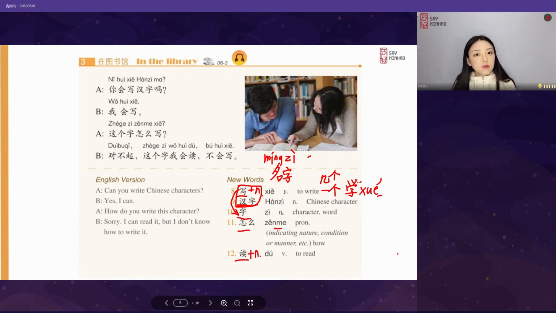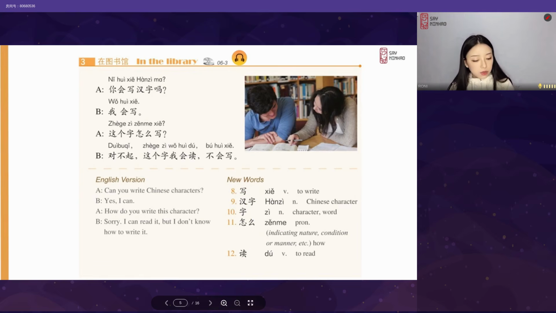Read book is 读书. 书 is a noun we've seen before; it means book. Now let's try to read it from the start, each twice. 3, 2, 1. 写汉字, 字, 怎么, 读.